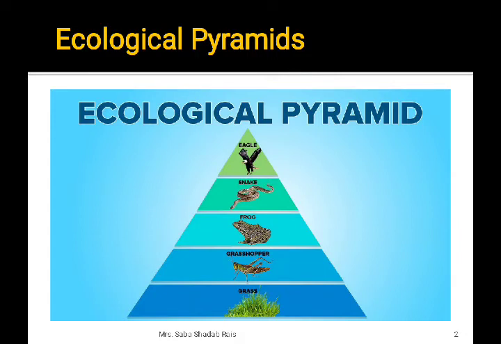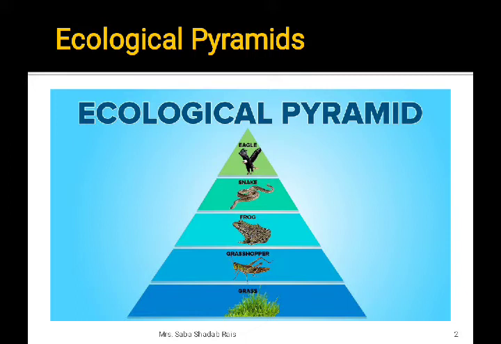Now see, when we talk about the ecological pyramid, do you remember when we were discussing the diet pyramid, we saw the levels? Such pyramids are used in biological science to understand the levels.